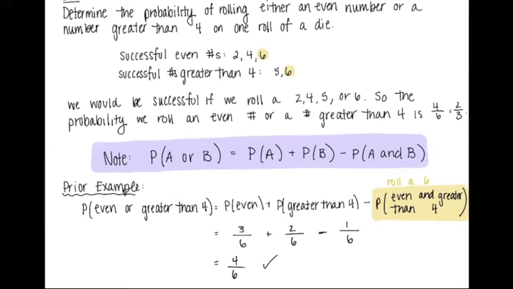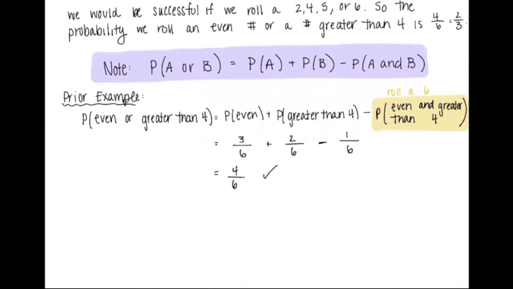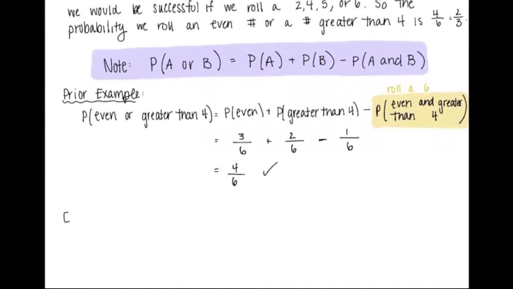So let's try this with some playing cards, because we definitely cannot do the same thing to list the successful stuff for each event. And then we'll talk about these AND problems. We are told one card is selected from a deck of playing cards.